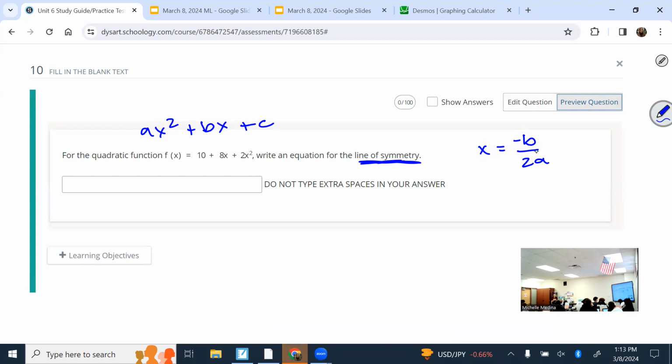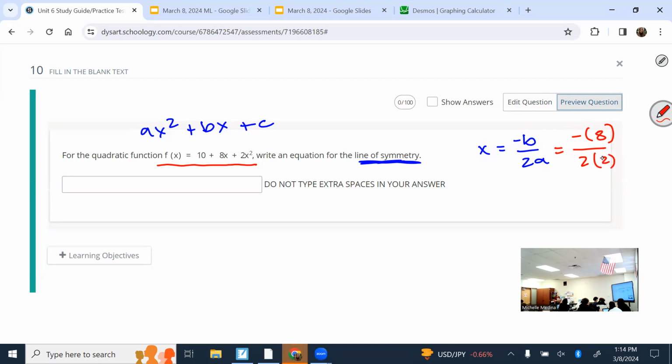There's no c in this equation, but you know, b and a are gonna be from the standard form. And even if they write it out of order, no matter what, the b is always gonna be what's in front of the x term. So what's gonna be my b value? Just the 8. So I'm gonna plug in 8 for b. And then that's gonna be over 2 times a. No matter what order it's in, a is always in front of the x squared. So what's my a?